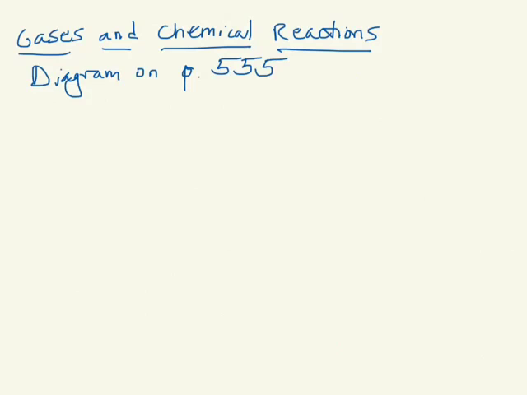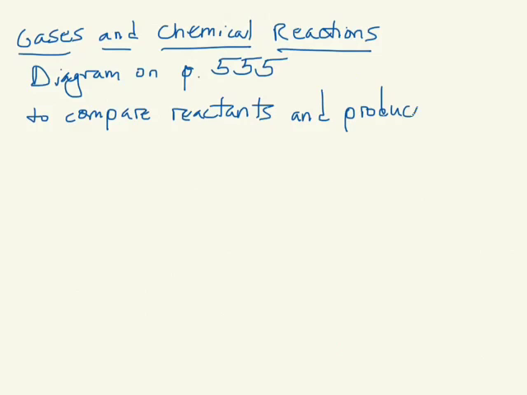And the key point to the diagram in a lot of our chemistry calculations, in order to compare different chemicals, reactants to products, reactants to other reactants, products to products, anything in a reaction, you need moles! You've got to have it. So it's all about getting to the mole.